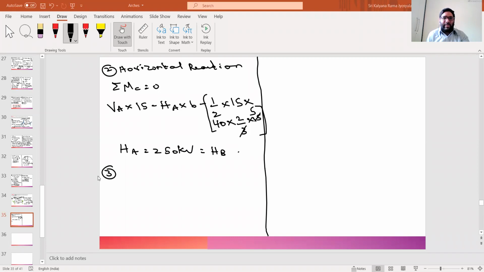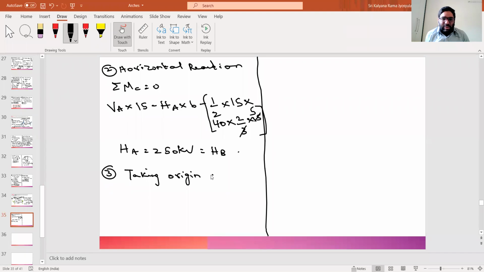Now third step, taking origin at crown. All this time in the previous problem we took origin at A, and the equation of parabola is y is equal to 4hx by L square.